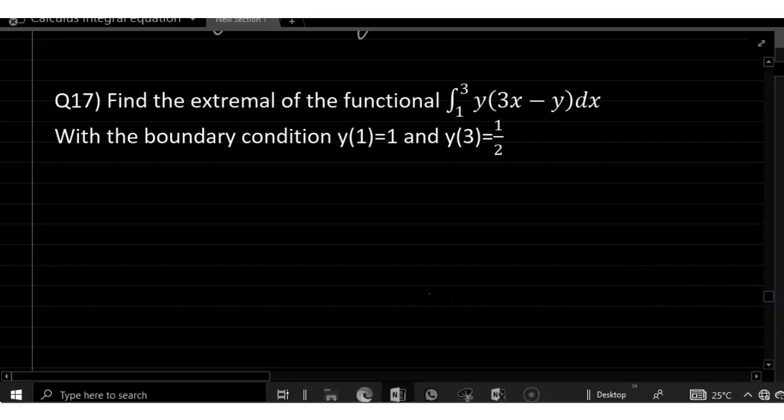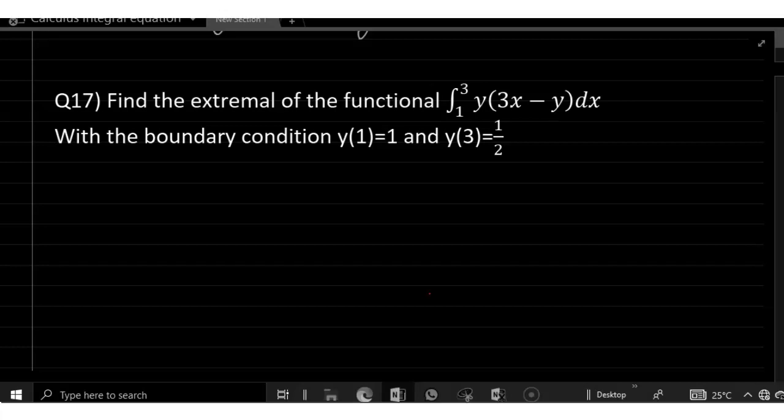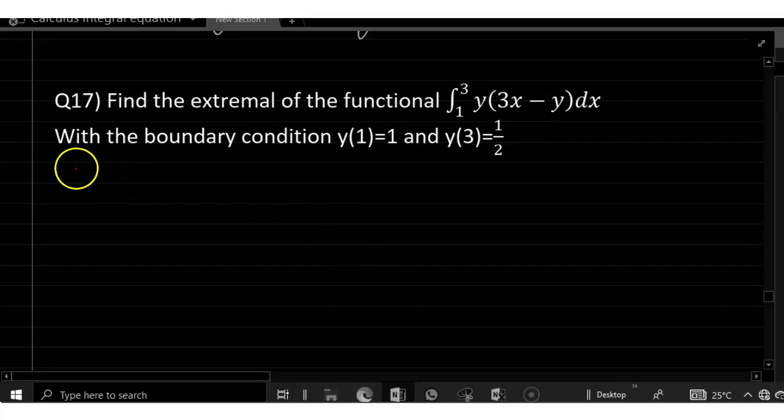Now we are going to solve an extremal value problem. Solution.